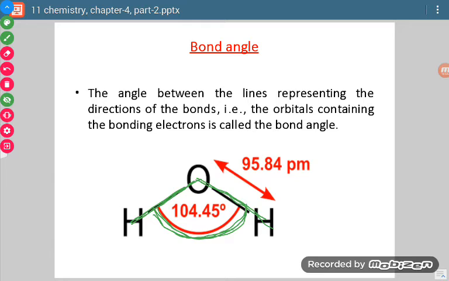In the case of H2O, the bond angle value is 104.5 degrees, or to be exact 104.45 degrees, and the OH bond length is 95.84 picometer.